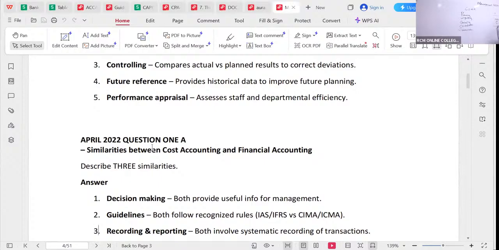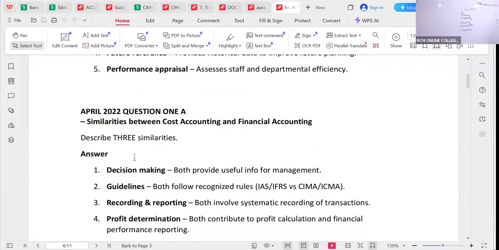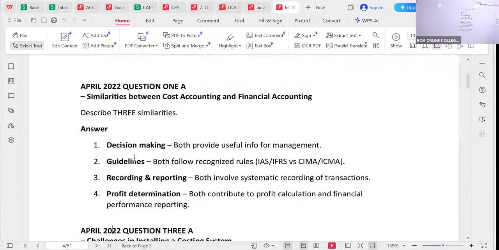Both are useful in terms of recording and reporting. Both involve systematic recording of transactions, profit determination. Both contribute to profit calculation and financial performance. Even costing, because in financial accounting we still have cost of sales. Of course we don't get into granularity, very detailed, but we are still able to do costing there.